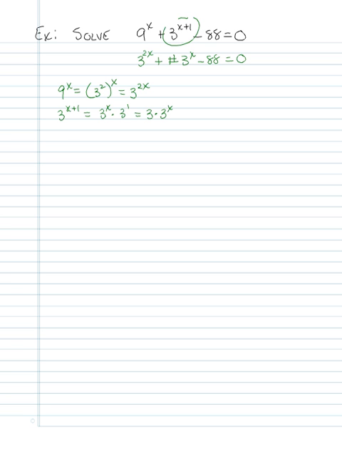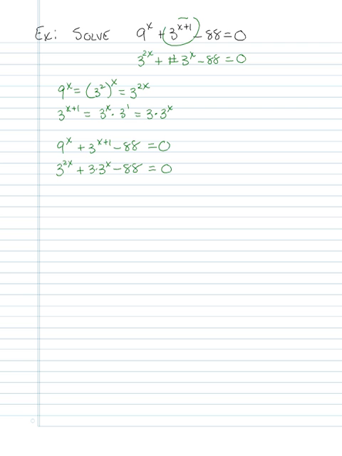Now, having done that, let's rewrite our equation here. Replacing 9 to the x with 3 to the power 2x, and replacing 3 to the power x plus 1 with 3 times 3 to the x, we get 3 to the 2x plus 3 times 3 to the x minus 88 equals 0, and that looks kind of like what we did a moment ago.